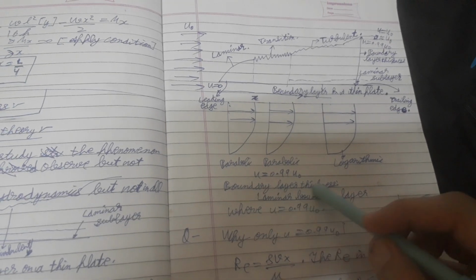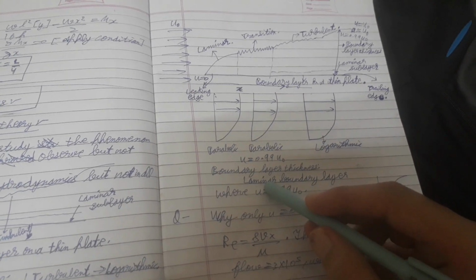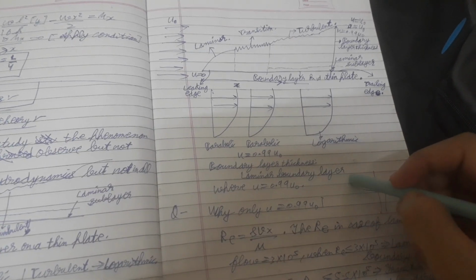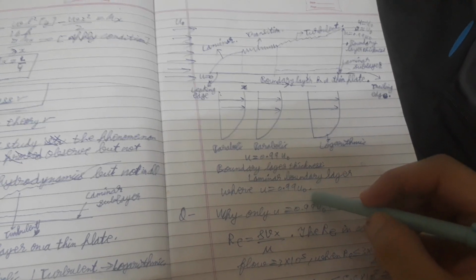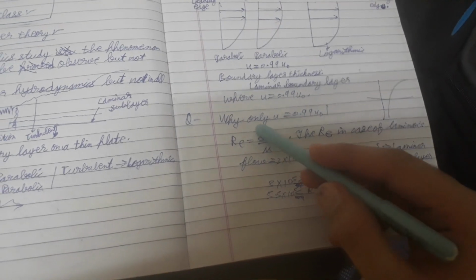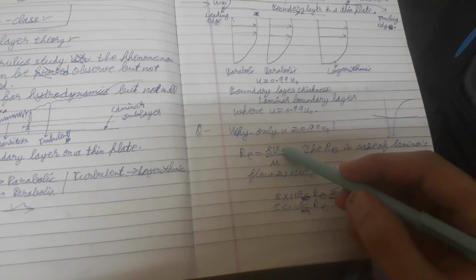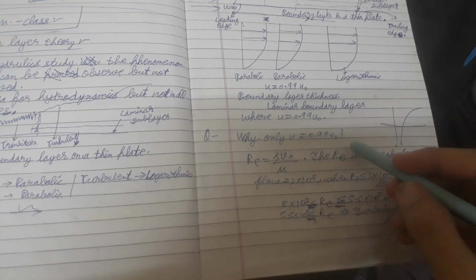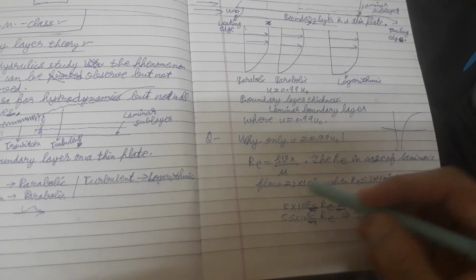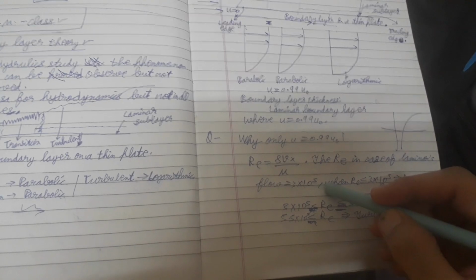Then boundary layer thickness ratio, laminar boundary layer where u is equal to 0.99 u naught. Re is equal to rho V x by mu. The Re in case of laminar flow is 3 into 10 raised to power 5.